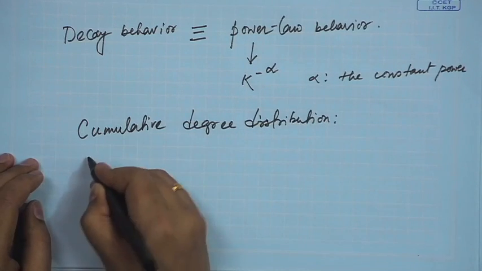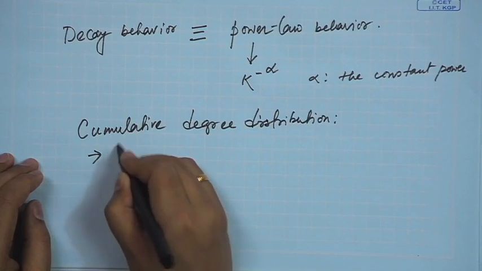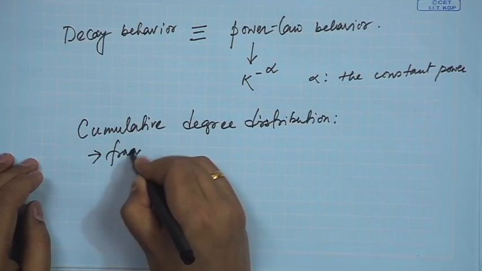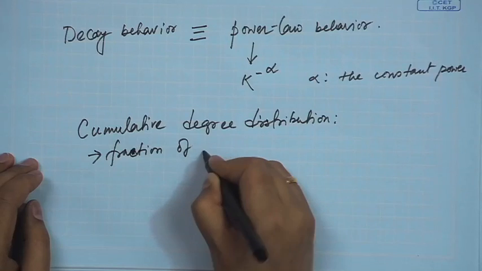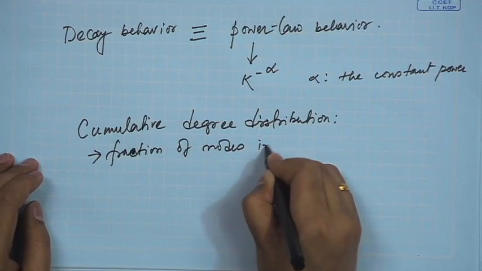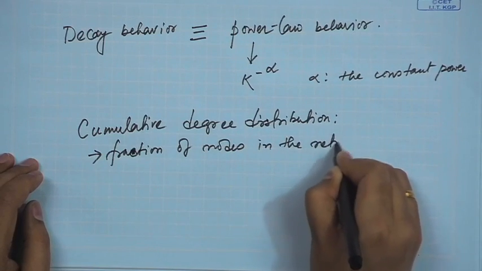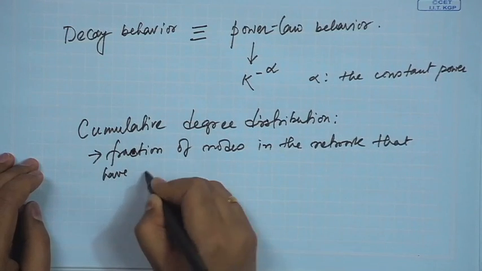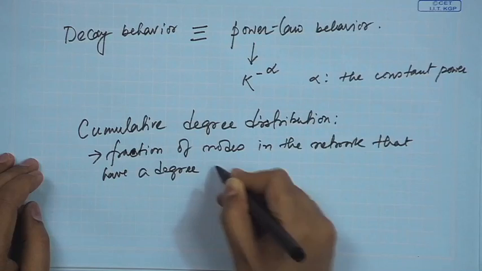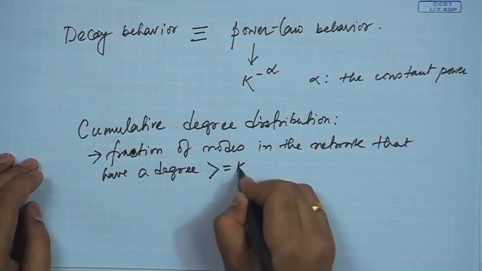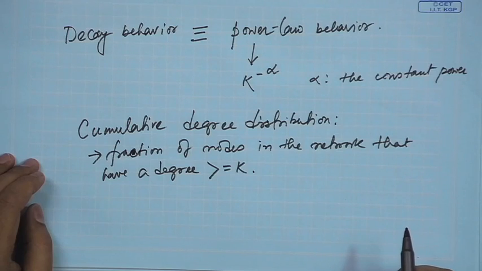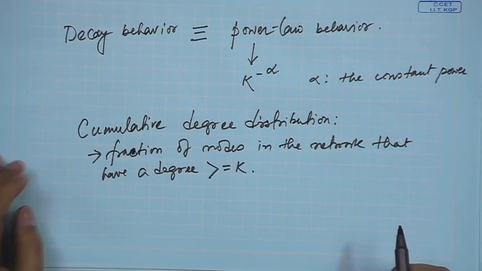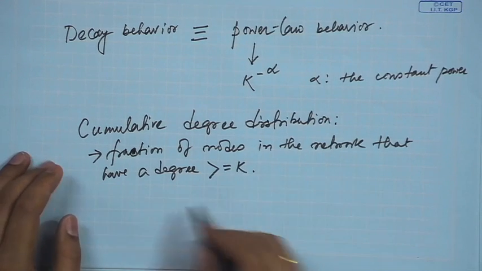This can be reinterpreted as the fraction of nodes in the network that have a degree greater than or equal to k. Rather than exactly equal to k, you have this looser constraint.